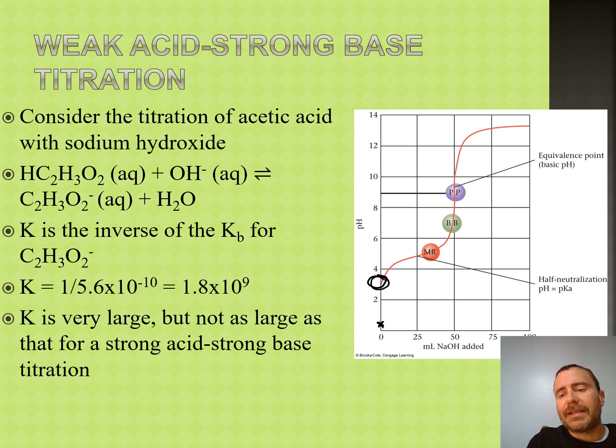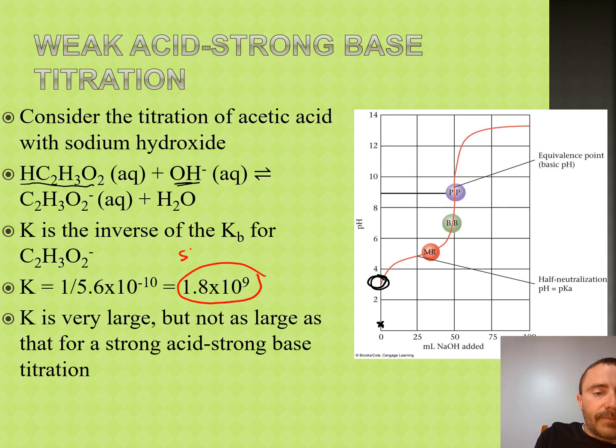So in my example here, I have some acetic acid reacting with a strong base, which we're showing as OH-, to come to equilibrium with the acetate anion and water. So again, if I want to find the K for this reaction, notice that the K for this reaction is 1.8 times 10 to the 9th.